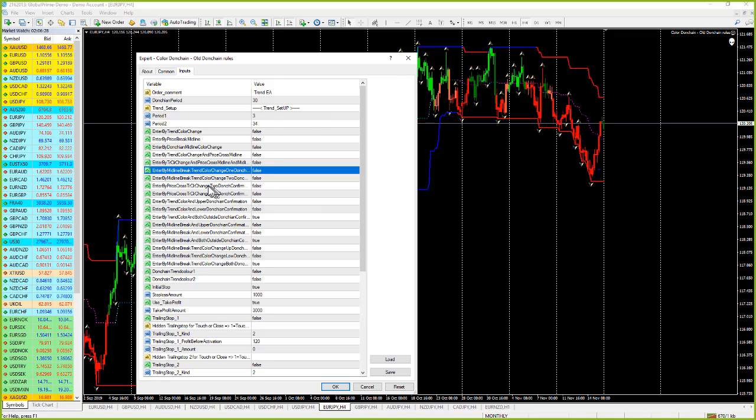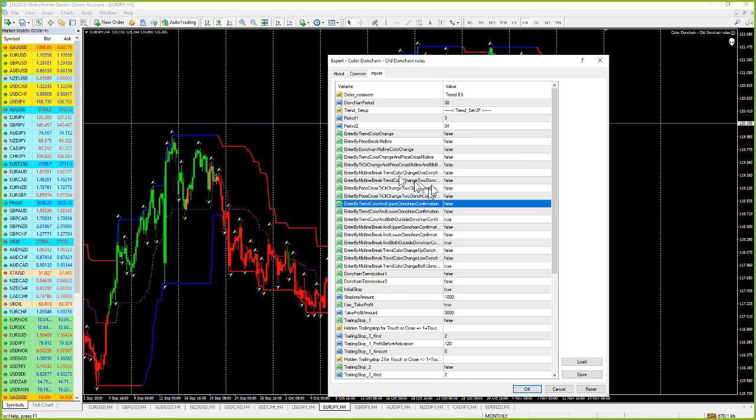Entry price cross, trend changes, Donchian change confirmation. Here we're going to decide whether we want only the midline to trigger the trade, or the midline and the trend color, or the midline, the trend color and the Donchian color.